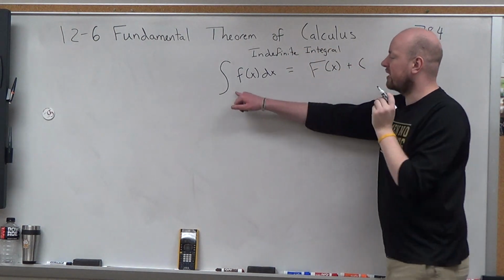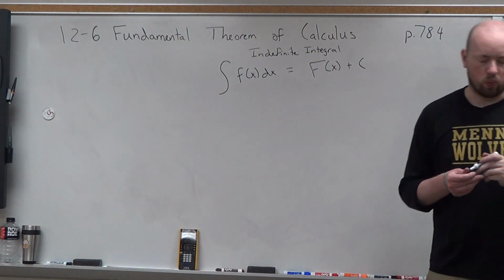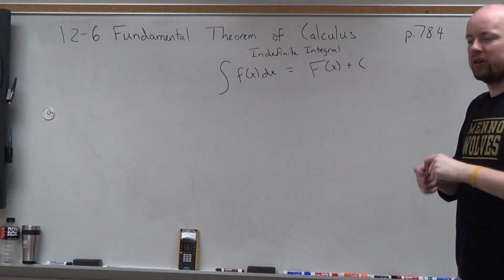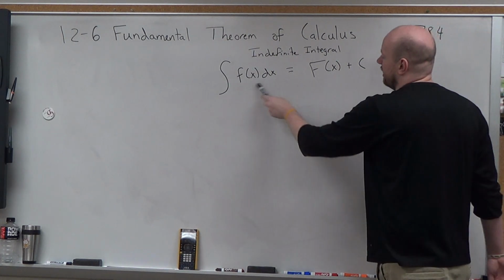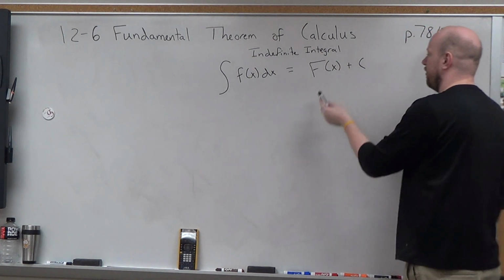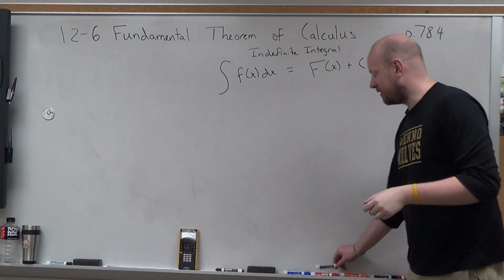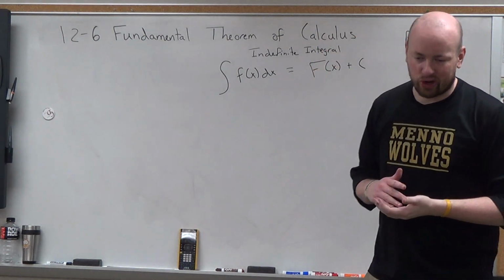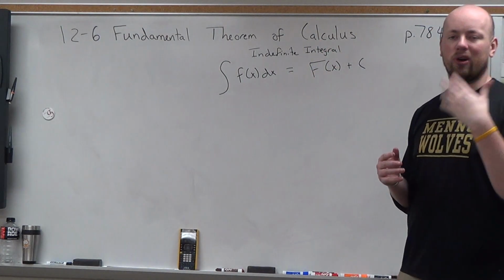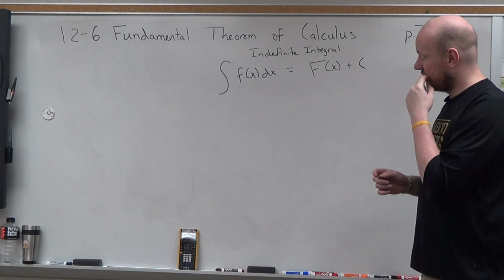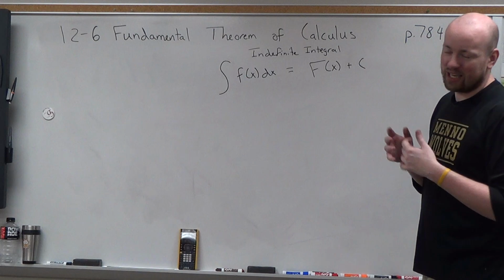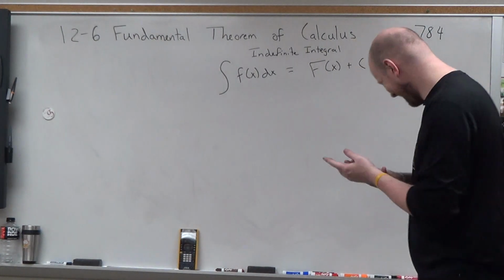It's indefinite because I don't know where it ends. I don't have a definitive start and stop. But all that is just the antiderivative plus c. So instead of writing out all of that work with your 64 over 6 and all that fun stuff we did in the last notes, you just need to find the antiderivative.